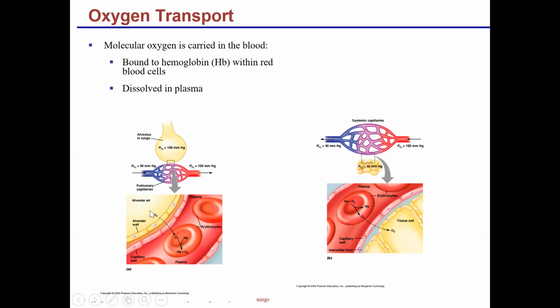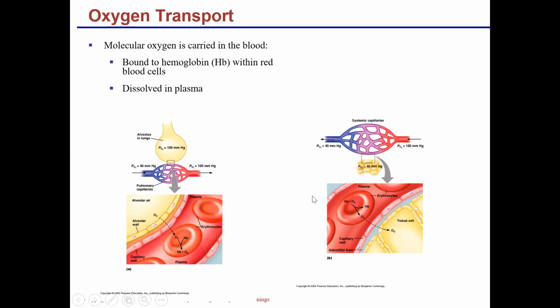Oxygen can diffuse from the air sac into the blood. A small amount will dissolve in the plasma, but most will travel inside the RBC and bind to the hemoglobin. HB here represents hemoglobin. Once the hemoglobin binds with oxygen, we write it this way: HB·O2.